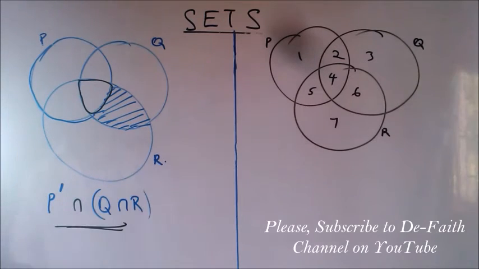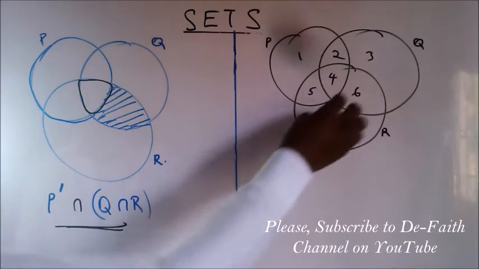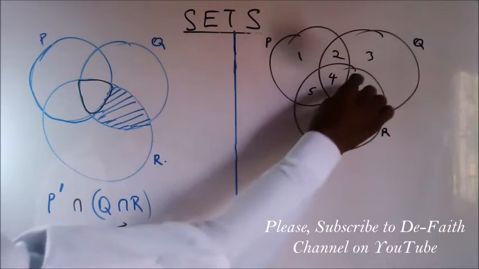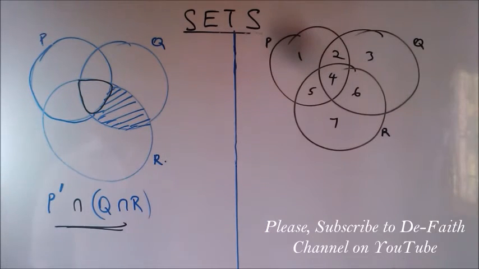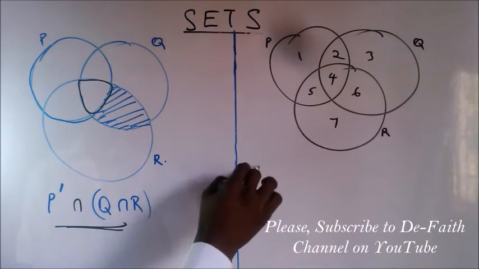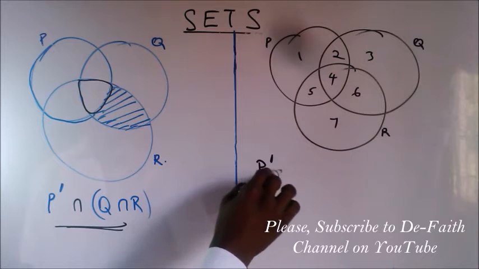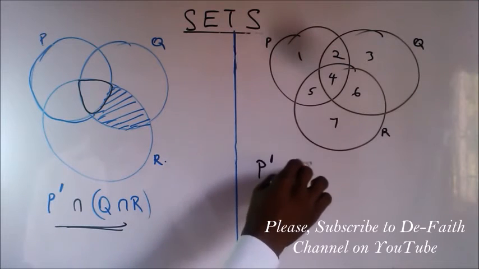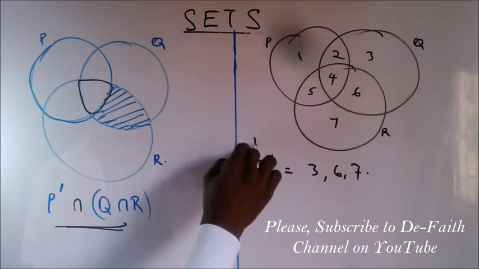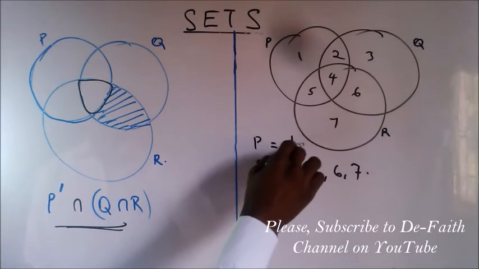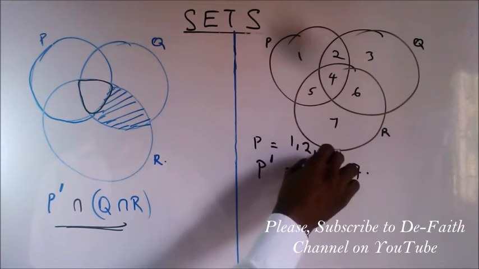And then we could use this. From here, what we need, the shaded region is only 6 according to this Venn diagram. If you look at this diagram carefully, if you are asked what is P complement, P complement will be 4, 6, 7, while P itself is 1, 2, 3, and 5.